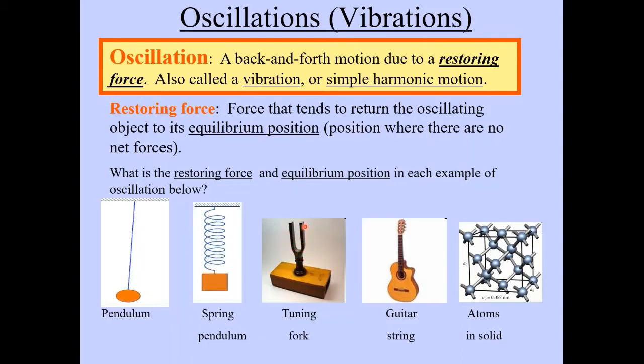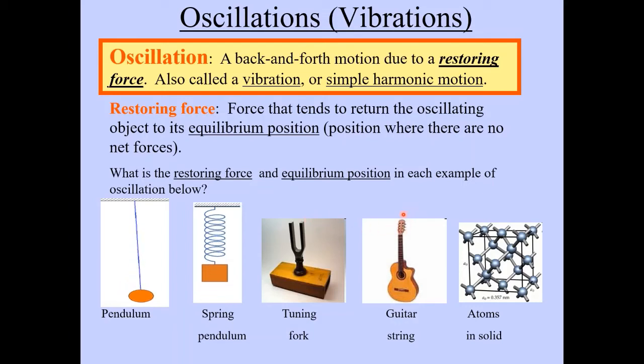Remember that all materials have elastic properties. So this solid metal tuning fork actually behaves like a spring, almost like our spring pendulum here, and that gets the tines of the tuning fork to vibrate back and forth. We'll look at the tuning fork in more detail in a future chapter when we talk about sound.